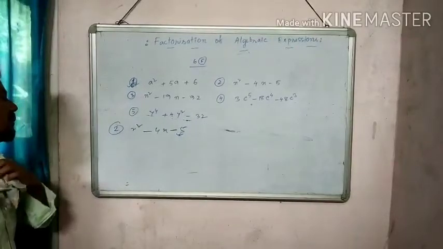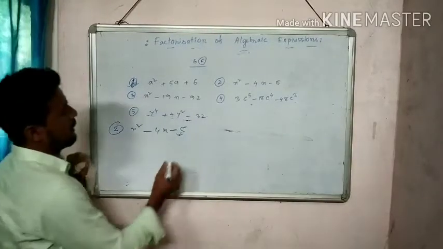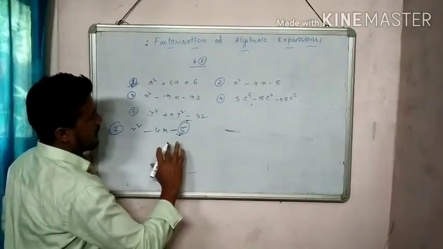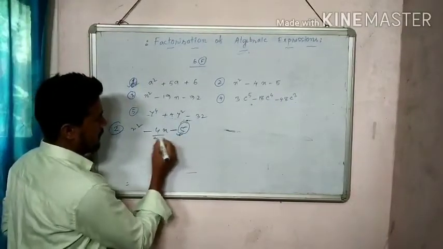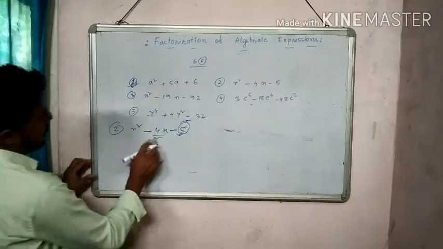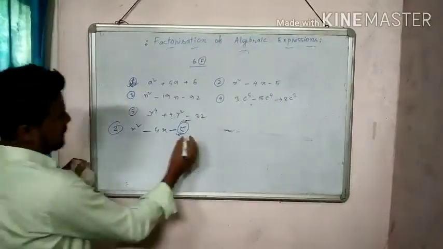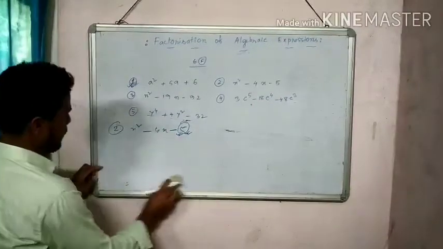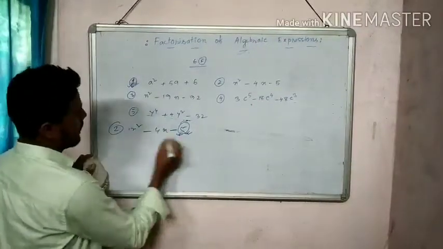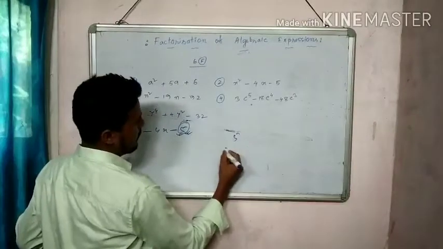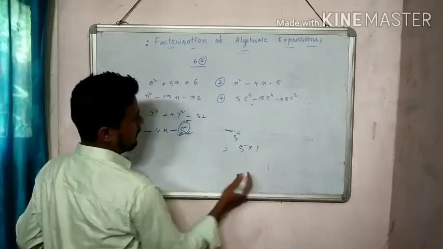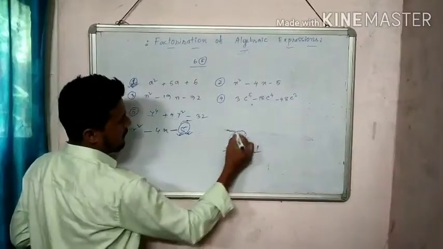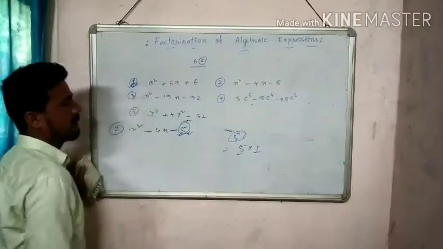You have to make its factors give the subtraction as the middle term. So here 1 into 5 only. Take the factors 5 into 1, 5 and 1, the two factors of 5.